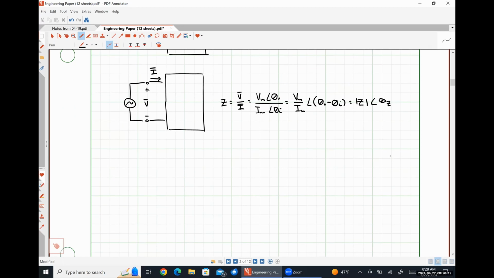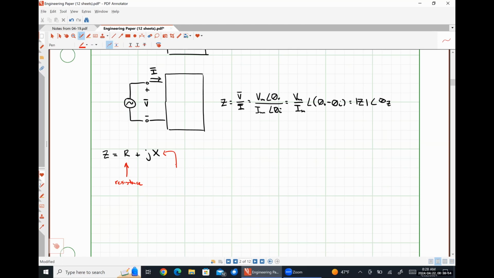Now in rectangular form, we can express our complex numbers with a real part and an imaginary part. So we might have it expressed as R plus jX, where R is what's known as the resistance, analogous to the resistance that we are used to.